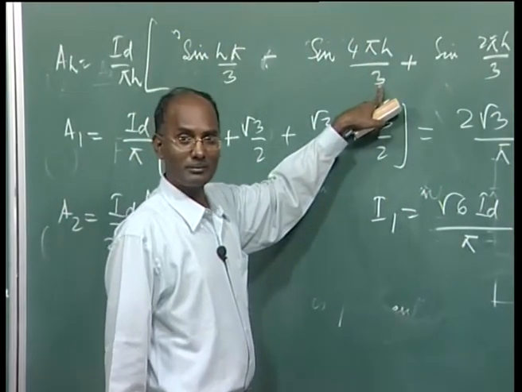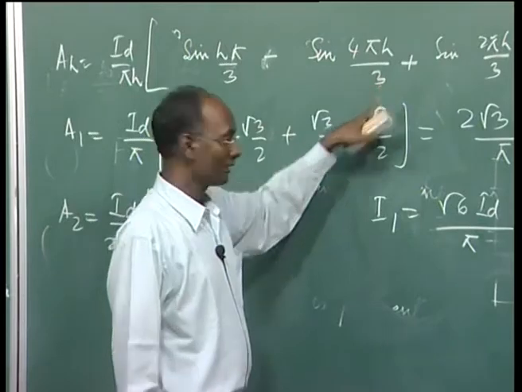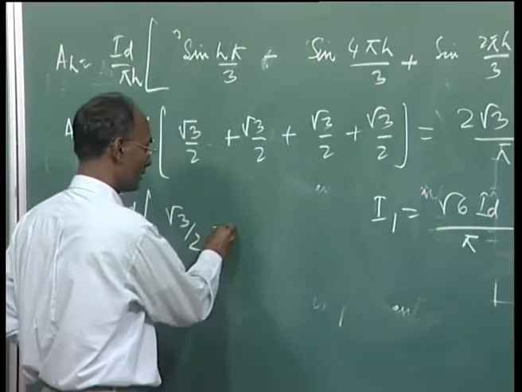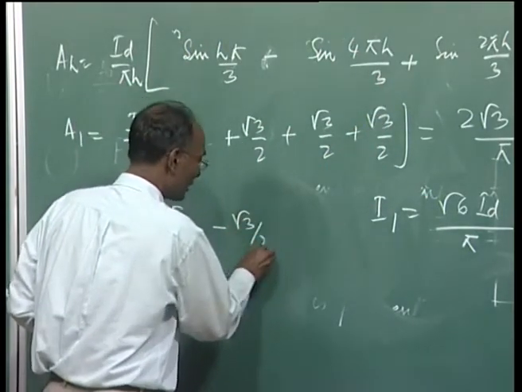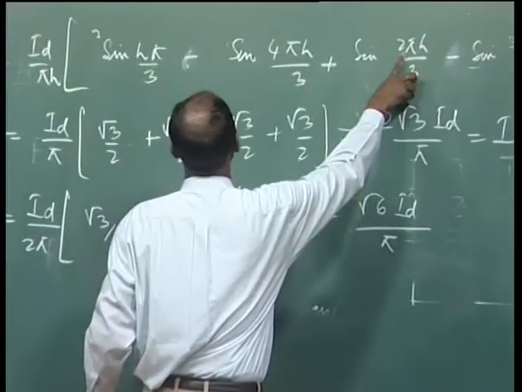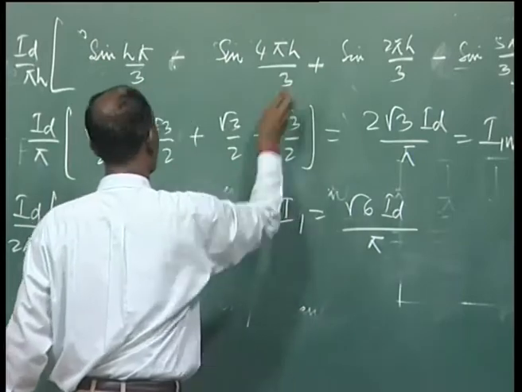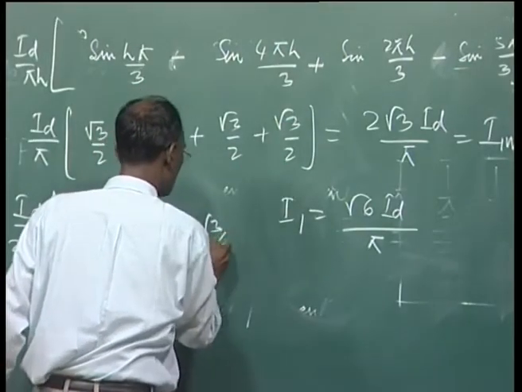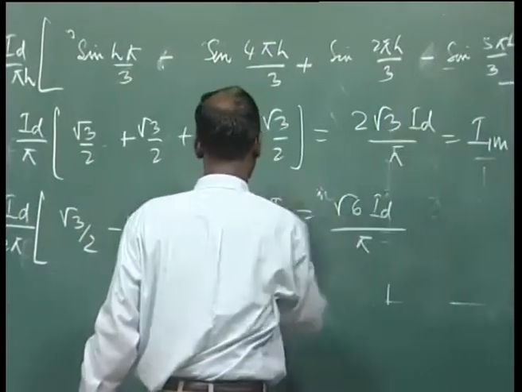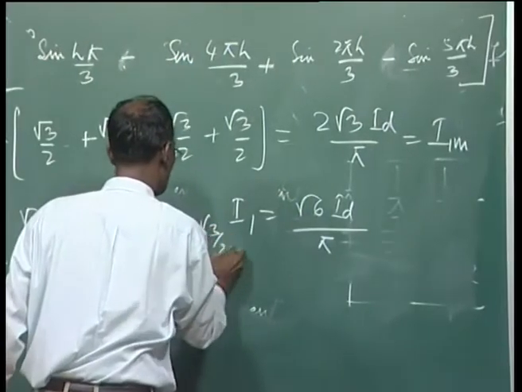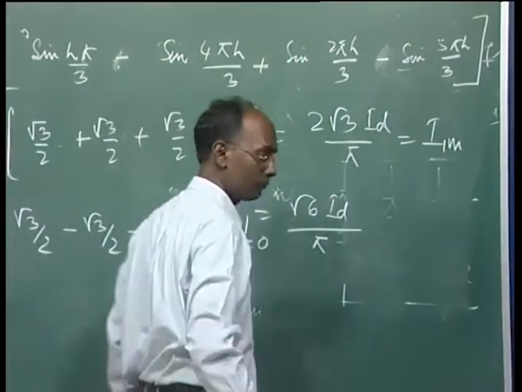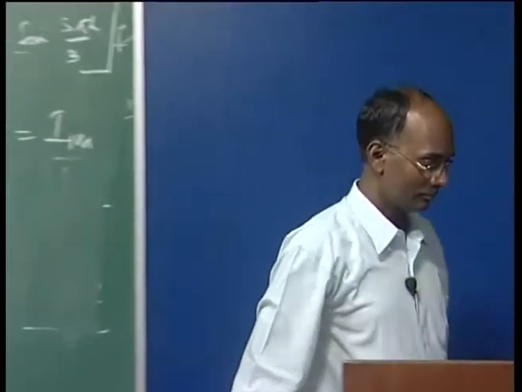How much is this value, plus or minus? It will be minus 3 by 2, here it is 4, and here it will be plus under root 3 by 2. And finally it is 0. Yes, it is correct.